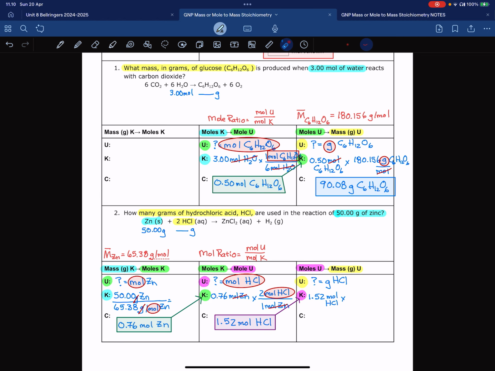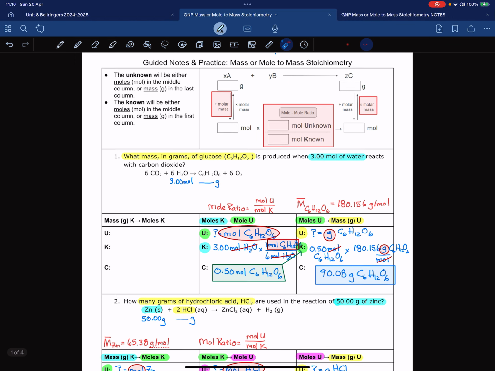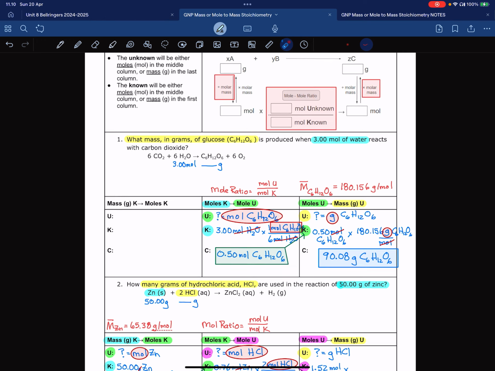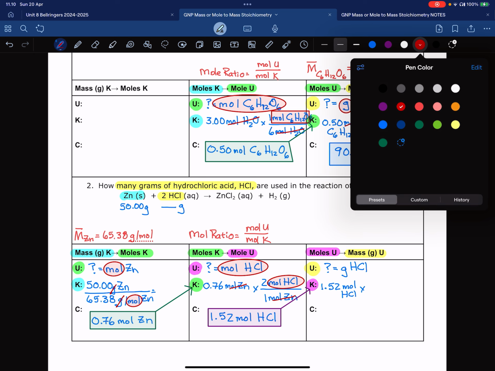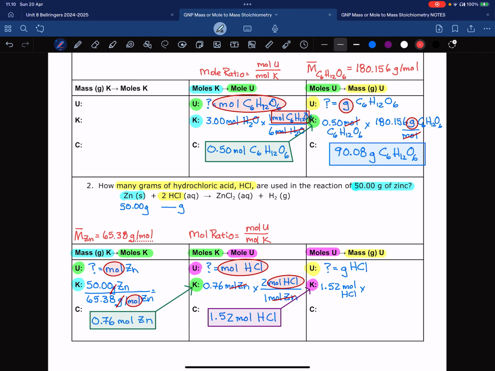Now, just like before, I'm here, moles. I'm moving to grams. I'm going to multiply by molar mass. So that means I'm going to need the molar mass of hydrochloric acid. And that molar mass of hydrochloric acid is 36.461 grams per mole.